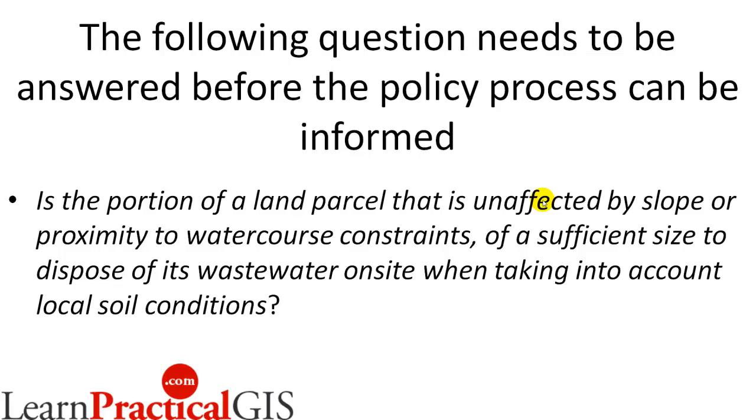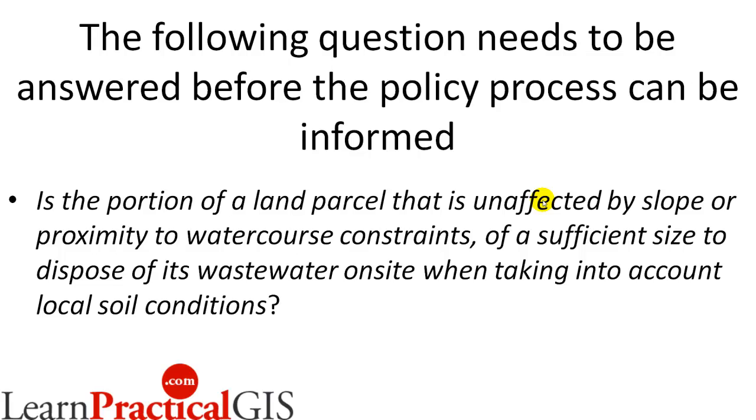So once you pull this information together, the question that we were charged with to inform policy making and so forth was: is the portion of a land parcel that is unaffected by the constraints, those being slope and proximity to watercourse, of sufficient size to dispose of its wastewater on site when taking into account the local soil conditions?